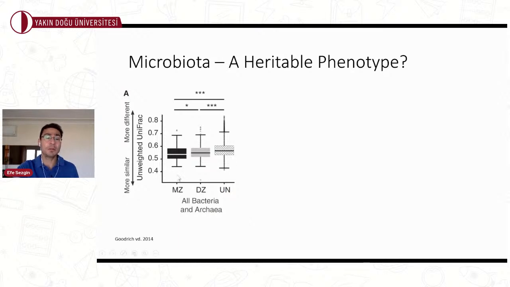What they observed is that the microbiota of monozygotic twins are much more closely related to each other compared to dizygotic twins, which are in turn closer than unrelated individuals. There is statistical significance, but you can see there's a huge variation, and the effect is rather tiny. Still, this tells us that it is a heritable trait, because the more genetically related you are, the more similar your microbiota is.